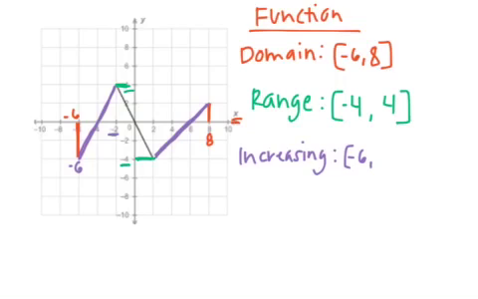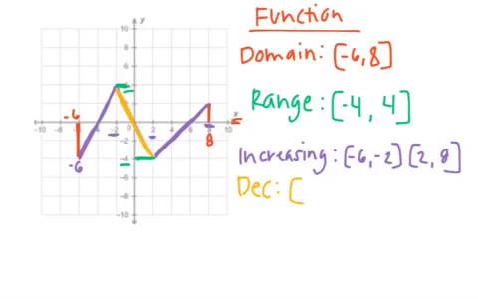So there's my first interval. And it's also increasing from 2 to 8. So the decreasing section would be right in between. It's going down from left to right. And that is happening from -2 to +2.